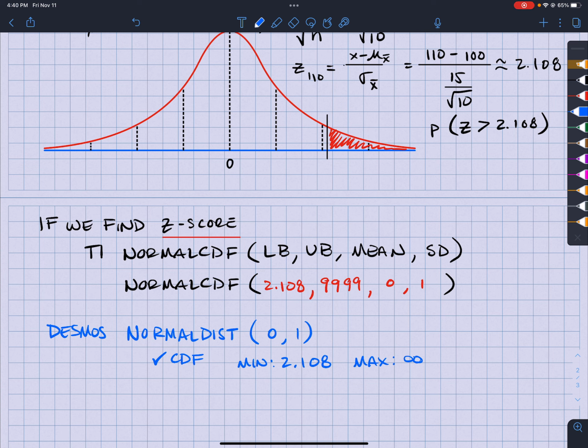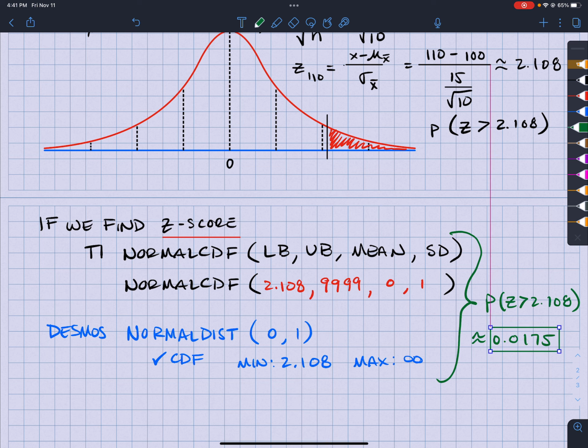Either way, you'll get the P of z greater than 2.108, which is approximately 0.175. And that would be my answer right there.